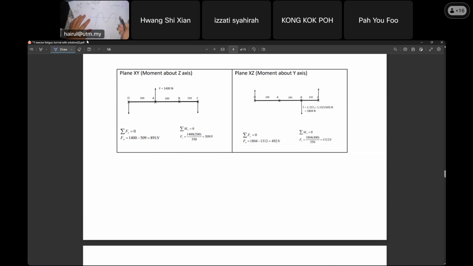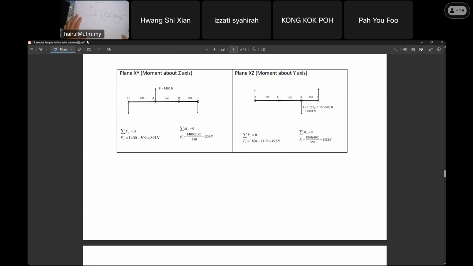The idea is we need to find the sigma amplitude and the sigma mean for bending. For bending, what is sigma mean? Zero. For amplitude, what is the value?